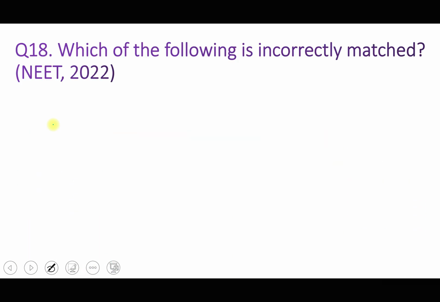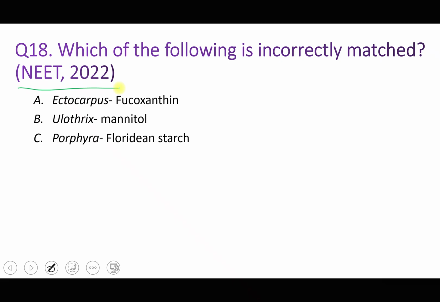Question 18. Which of the following is incorrectly matched? Again, this question came in NEET 2022. Option A. Ectocarpus, fucoxanthin. B. Ulothrix, mannitol. C. Porphyra, floridean starch. D. Volvox, starch.